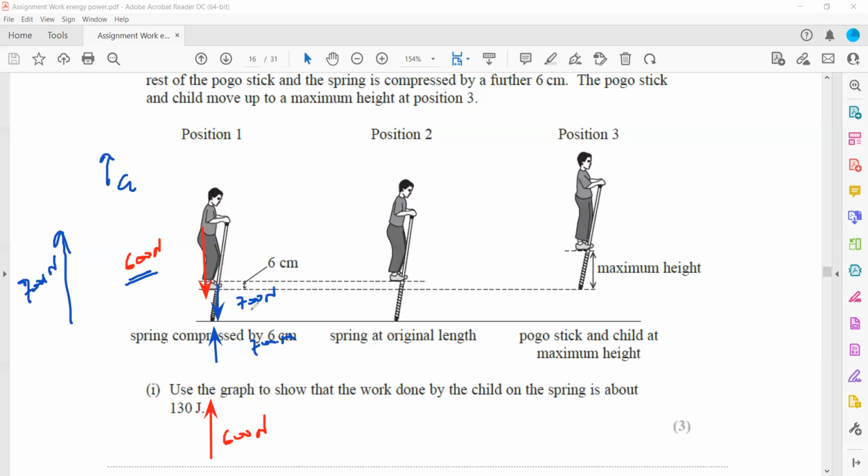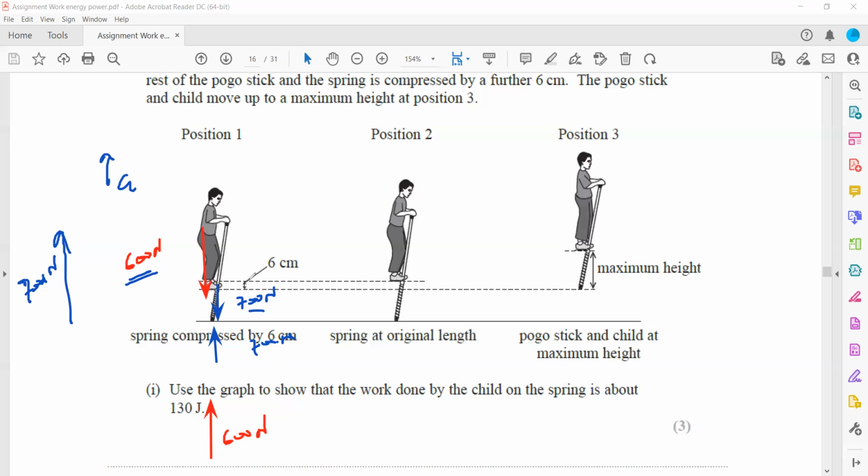So these two forces cannot be the same. Why? Because they're not pair forces. Pair forces will be equal but opposite in direction. Yes, sir, 700 is exerted by the boy, right? He's pushing on the ground. 700 is the downward force, which is the weight of the boy plus the extra force applied by the boy.